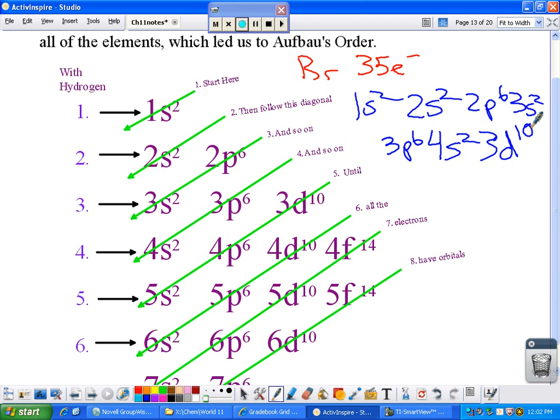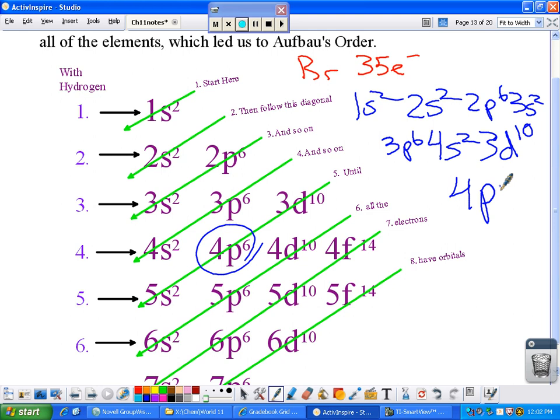Keep going down the slide. What comes after 3d10? 4p6. Wait a minute. If I write a 6, that would be 36. How could I solve this? Make it a 5. This is the maximum I could put in there. It fills up at p6, but if I have only 5, just don't fill it.